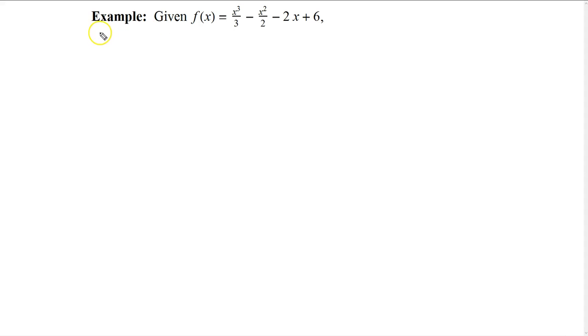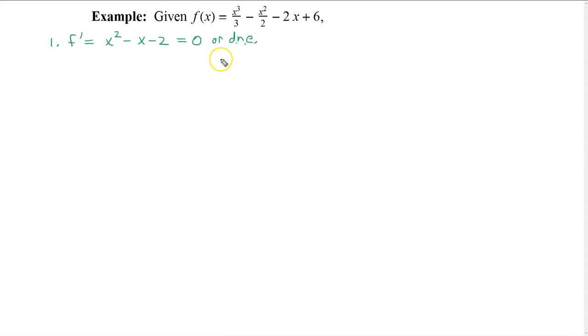So first of all, to find where this function is increasing and decreasing, remember we have to find where the derivative is positive and negative. So the first thing to do is set the derivative equal to 0 or find where it does not exist.